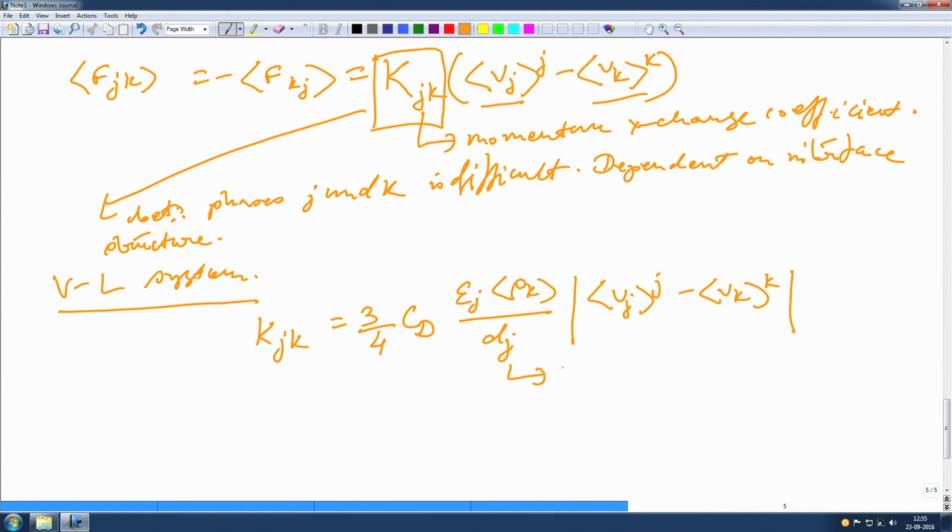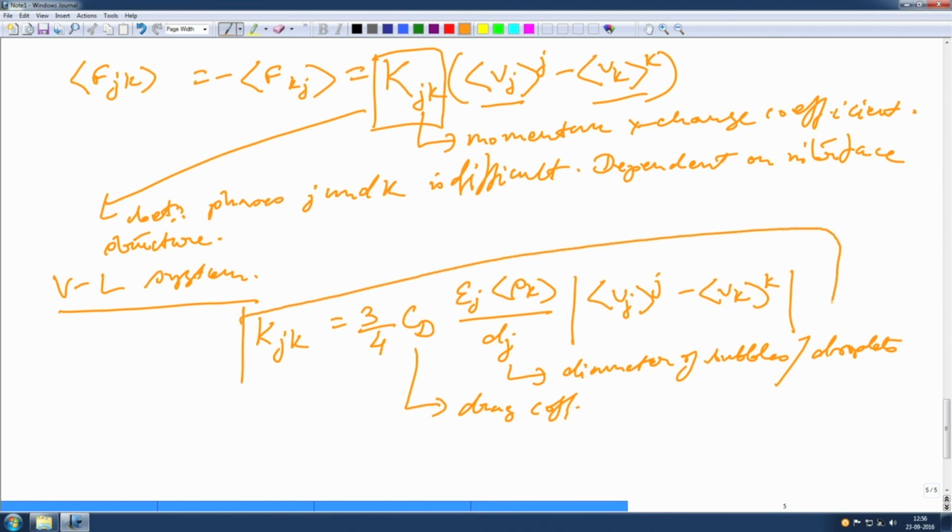This is basically the diameter of bubbles or droplets if it is a system like that. So, this is a very ad hoc example. This is the drag coefficient, and this is the total expression. So, for a liquid vapor system, this can be cast in this particular fashion. That is one way of casting the whole thing.